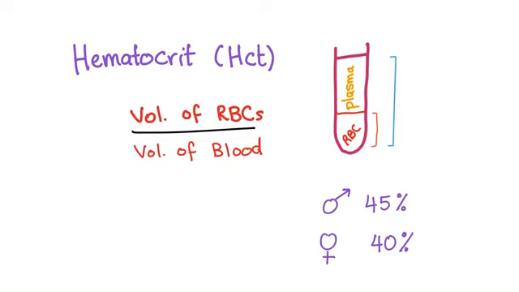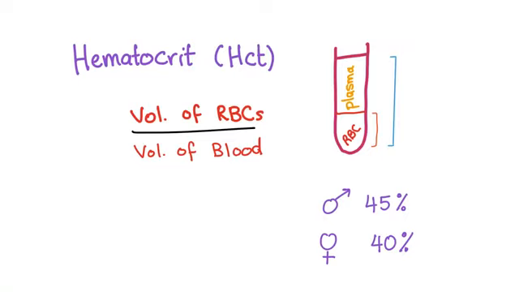What else? Hematocrit value, okay? It's the ratio of volume of RBCs over volume of blood. So we have blood has two main components, red blood cells and plasma. The ratio of the red blood cells to the whole blood, not the plasma, the whole blood, is the hematocrit.